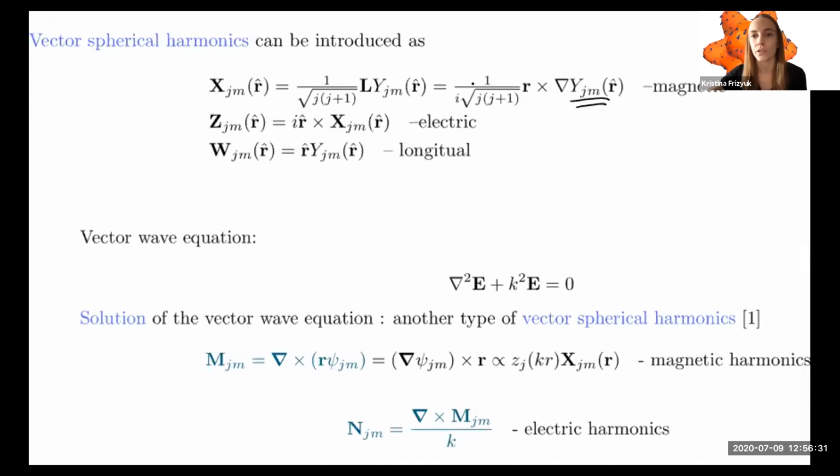Note that they only depend on the angles of vector r, on theta and phi, and they do not depend on r. This is the first type of vector spherical functions. The first two only have transverse components, and this one only has a longitudinal component.